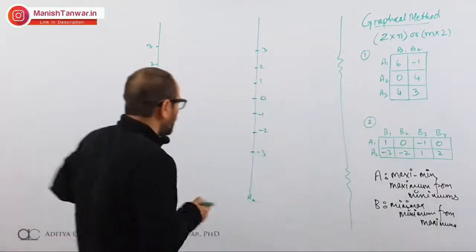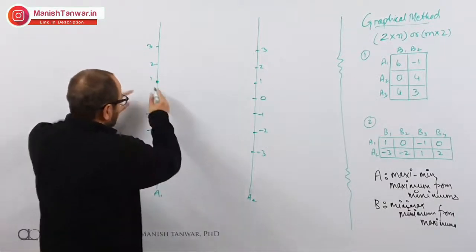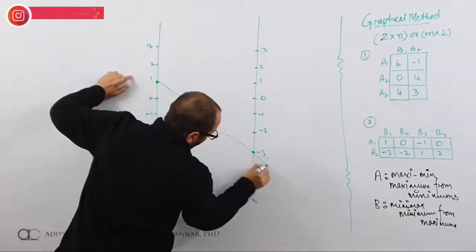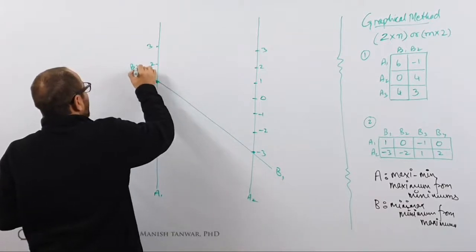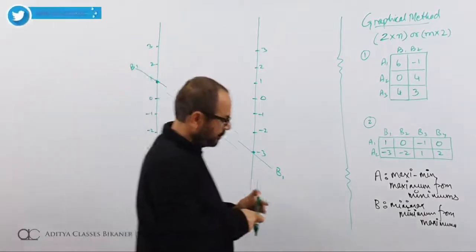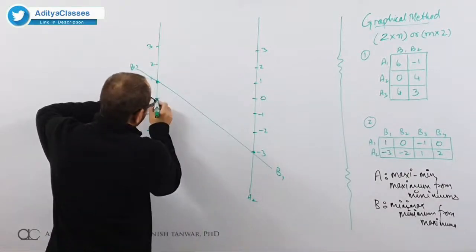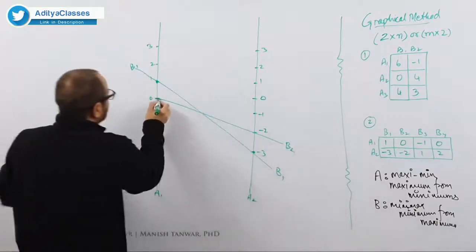B1 is 1 on A1 and -3 on A2. This is B1. Then we have B2, which is 0 and -2. And this strategy is B2.